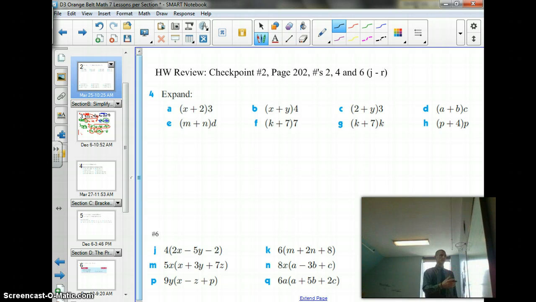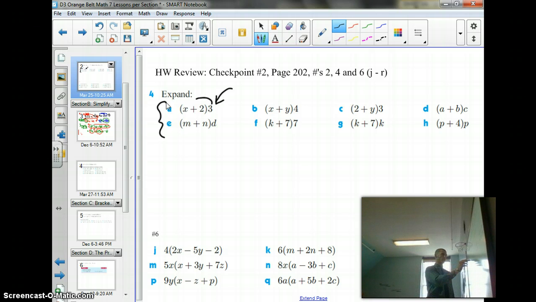The first thing we need to look at is the questions. Number 4, they say expand right here, okay? Now, a lot of us were getting confused here because the 3 was on the right-hand side and we're more familiar with having it on the left-hand side, okay? But it's the same thing. So if it's on the right-hand side, although it's not proper notation, we still perform the multiplication.